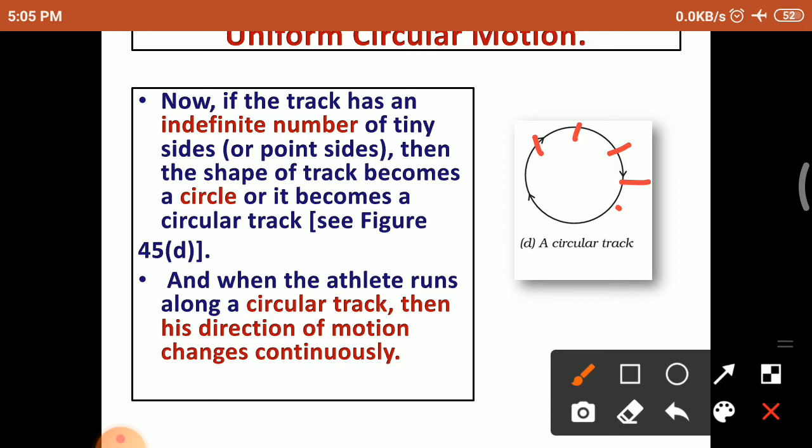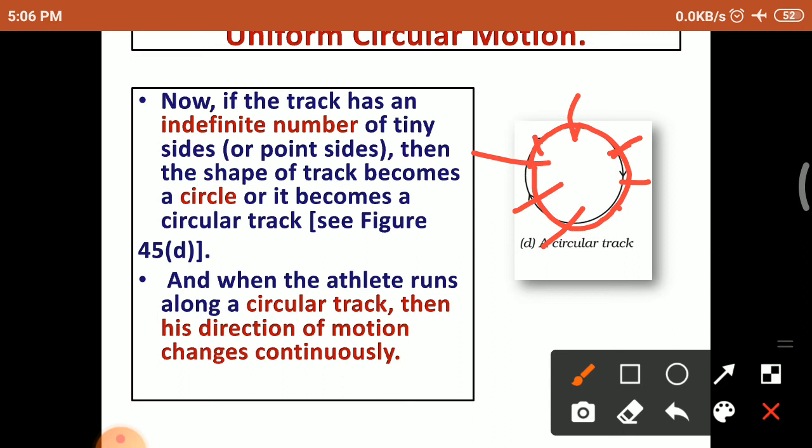And when the athlete runs along a circular track, his direction of motion is continuously changing. Why? Because the circle has an infinite number of sides. A rectangle has 4 sides, 4 corners. A hexagon has 6 corners.